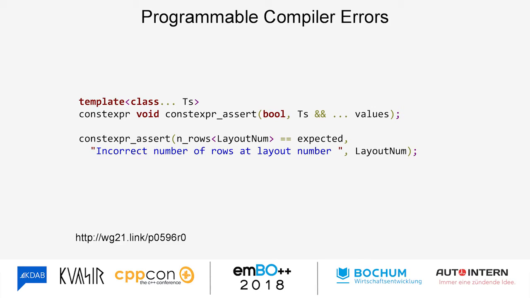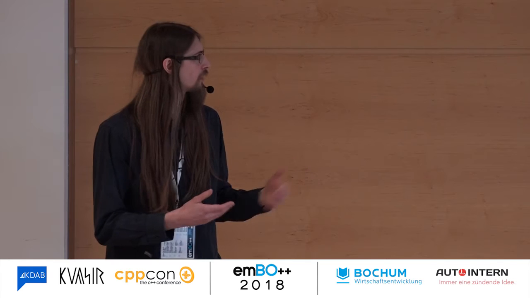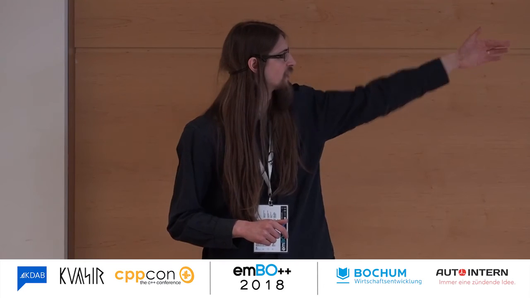So there's a paper, you can see the link here, P0596, which has this constexpr assert, and there's also a constexpr trace. So constexpr assert here takes a Boolean condition and a bunch of values. It's kind of similar to static assert in that we have this condition, and then we have some diagnostic which we want to emit.